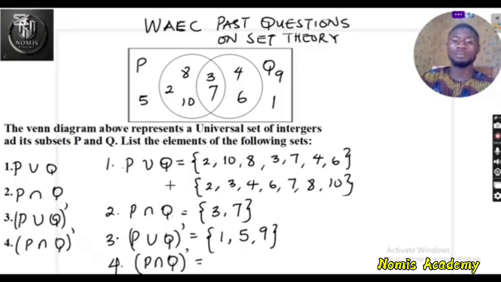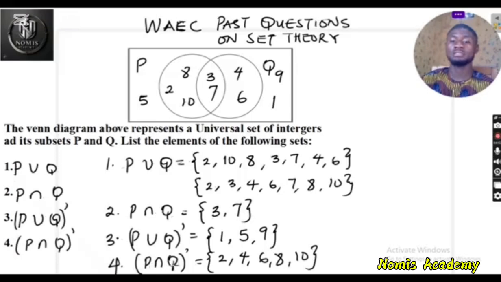So the complement excludes the intersection, and we take the other parts of P and Q. So the elements of P intersect Q complement are 2, 4, 6, 8, and 10.